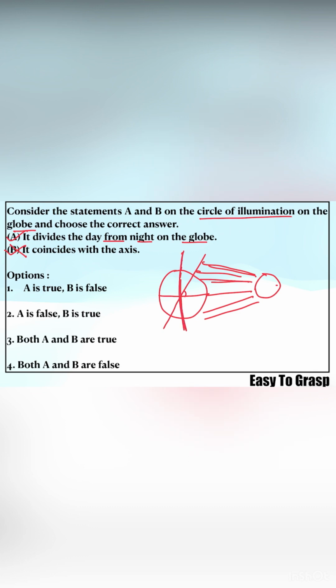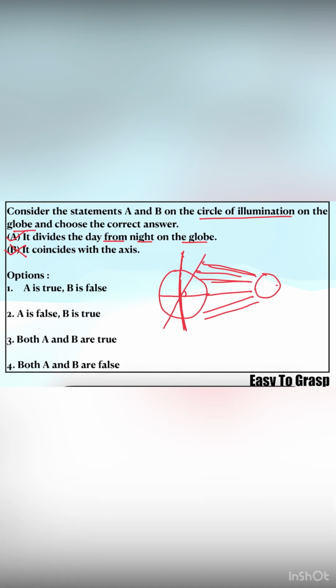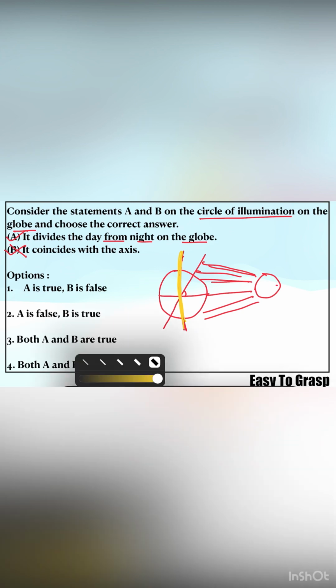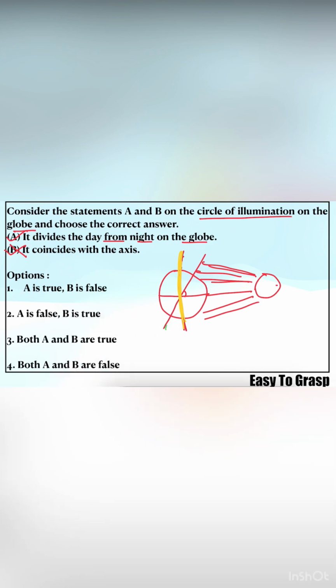So this particular line which I am now representing with yellow color is the circle of illumination, and this line, which I am representing now with green color, is the line representing the axis of the earth. These two lines don't coincide with each other. They are not exactly the same. So the second statement becomes incorrect. The correct answer for this question will be A is true and B is false.